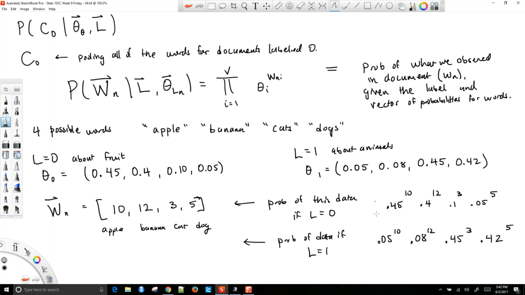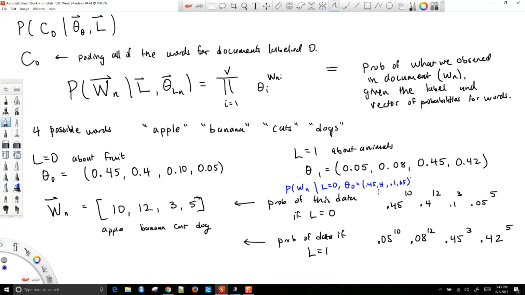So this is the probability of W sub n, which is what we have here, given label equals 0 and theta 0 is equal to the vector 0.45, 0.4, 0.1 and 0.05.